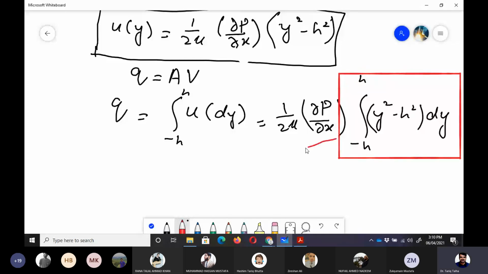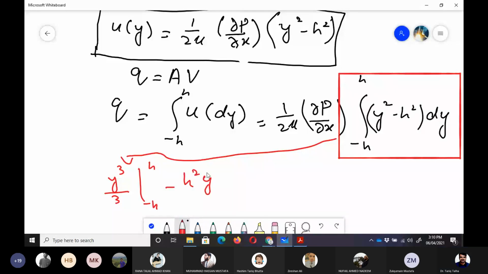here, it would be y cube by 3 minus h square y, from -h to h. So if we do that, it would be h cube by 3 plus h cube by 3. Why plus?